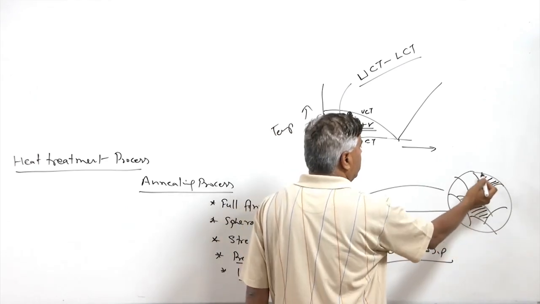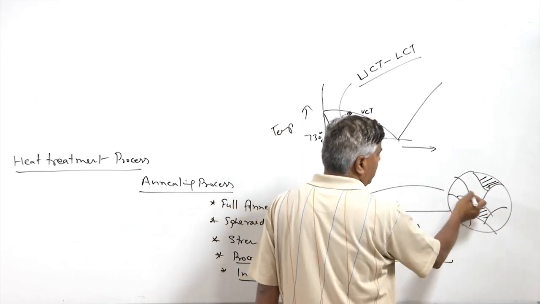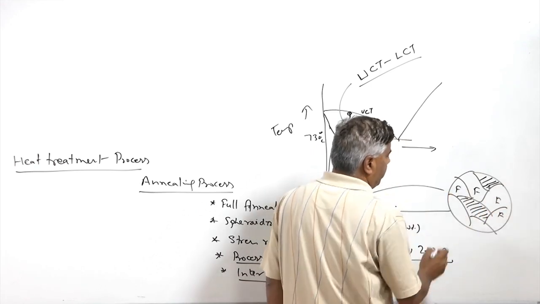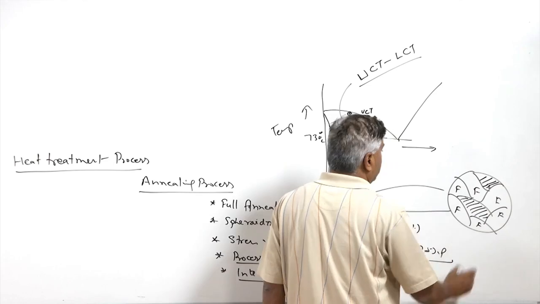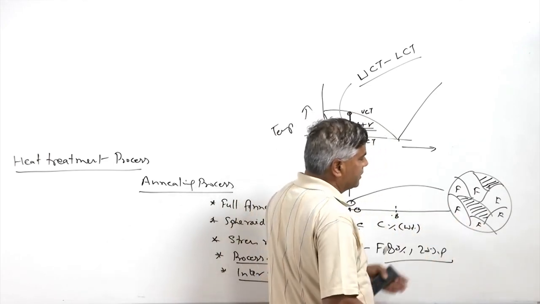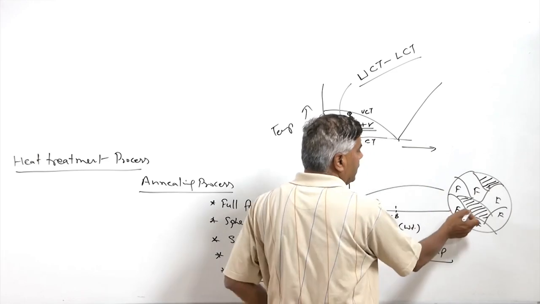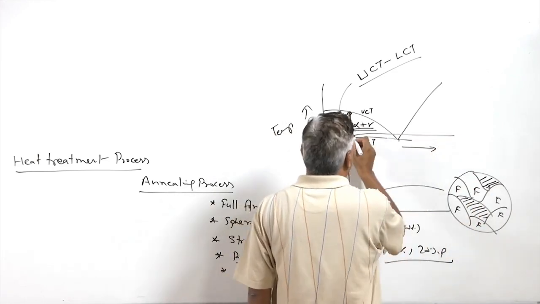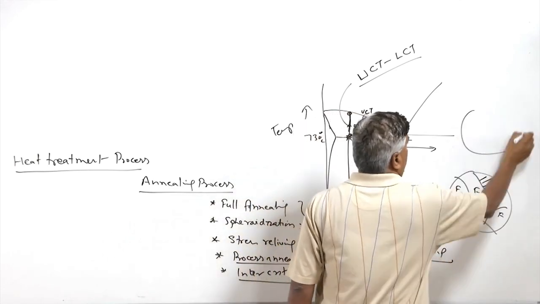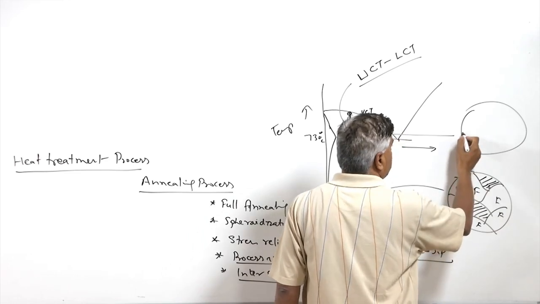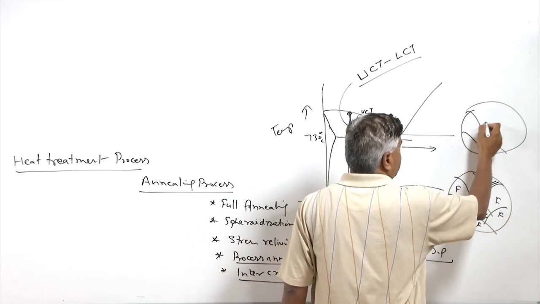On heating, both these pearlite grains and some of the ferrite grains will also convert into austenite on heating up to the critical temperature range. So if we see the structural modification occurring during the heating, these pearlite grains will convert into austenite at this temperature.